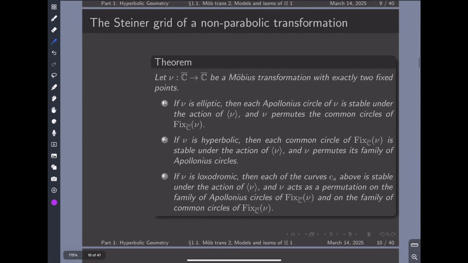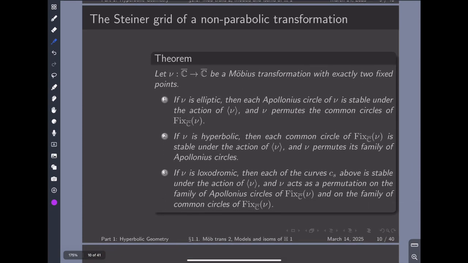And the result is, well, again, what should the result be? If I take a rotation, then for each Apollonius circle, which is a circle centered at the origin, rotation preserves it. So for an elliptic transformation, each Apollonius circle should be preserved.